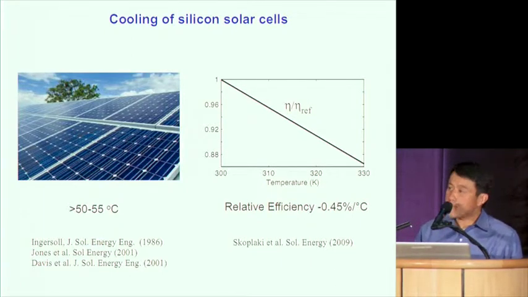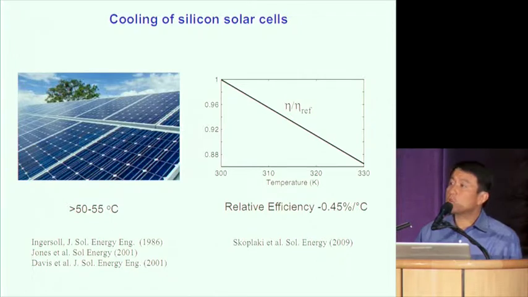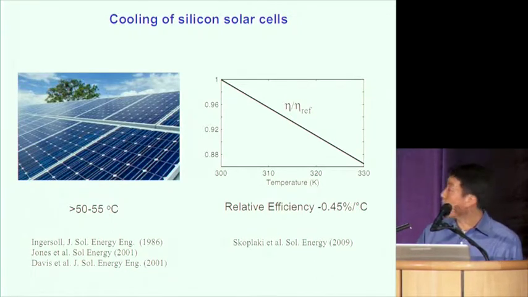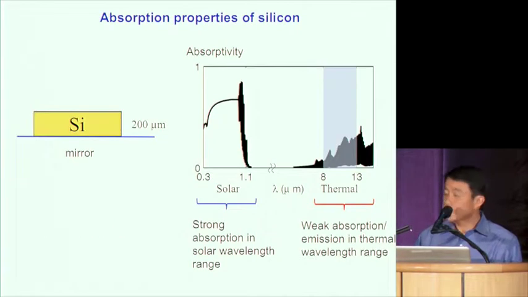Now, by definition, a solar cell sits and faces the sun, and therefore it faces the sky. And so it is very natural to think about radiative cooling of solar cells as well. If you look at the emissivity spectrum of silicon, this is a typical emissivity spectrum.